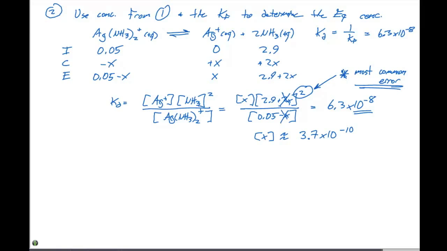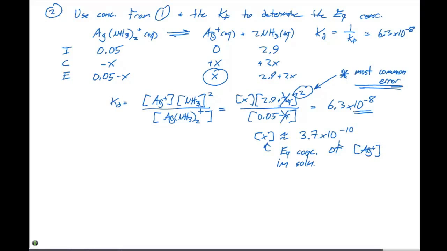So let's take a step back and think about what this value means. We looked at x in previous cases and we said x is the molar solubility. In this case, we don't even have any solids, so this is definitely not a molar solubility. Think about where x shows up. X right here is the equilibrium concentration of silver plus in solution.